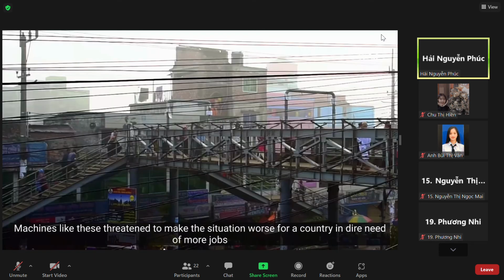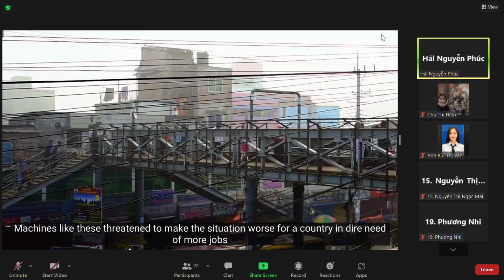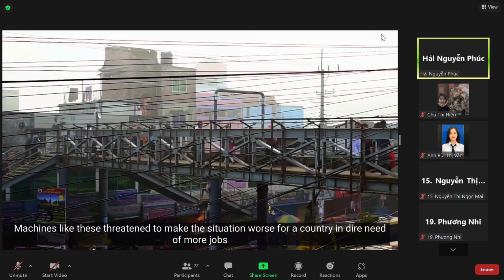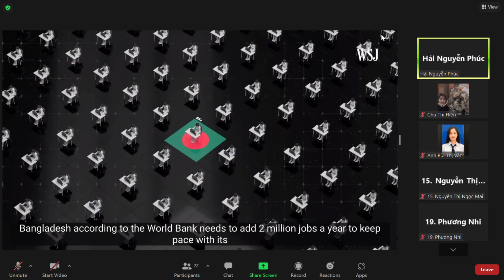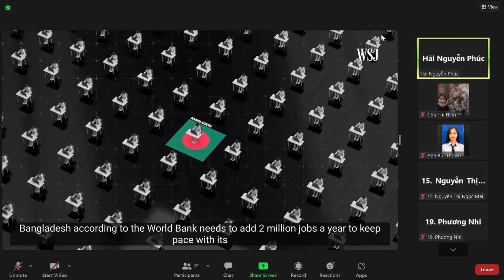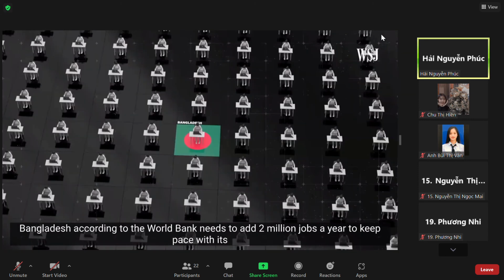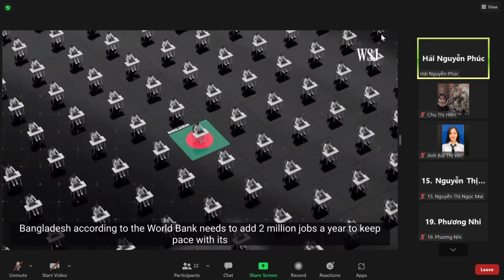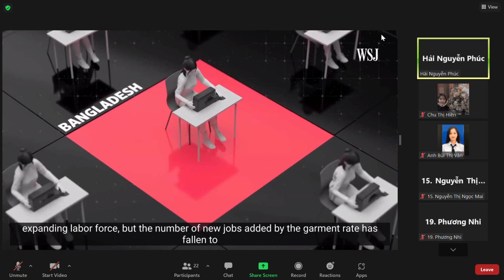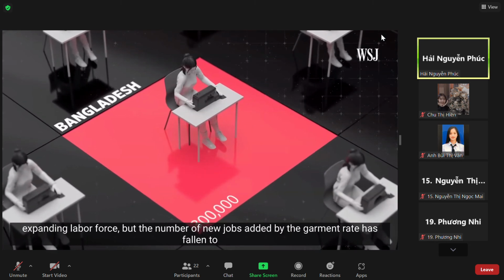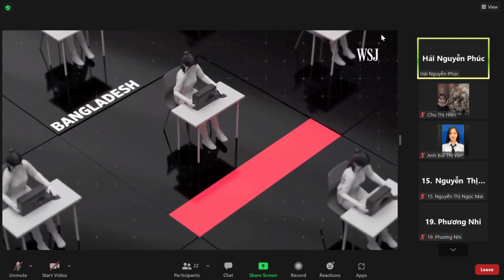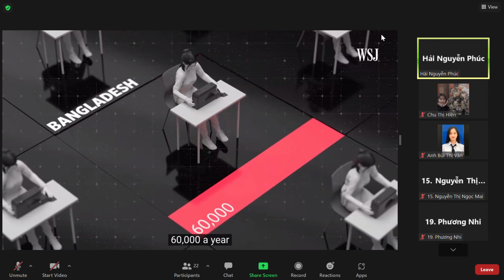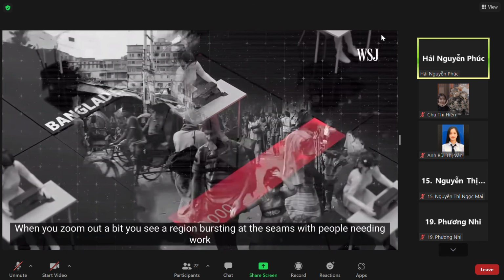Machines like these threaten to make the situation worse for a country in dire need of more jobs. Bangladesh, according to the World Bank, needs to add 2 million jobs a year to keep pace with its expanding labor force. But the number of new jobs added by the garment trade has fallen to 60,000 a year.